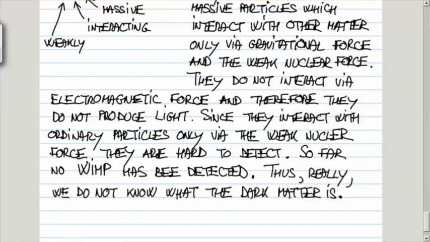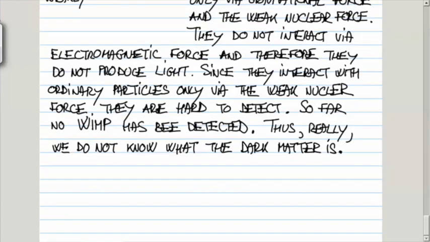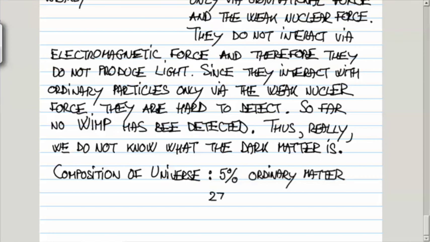Okay? And it turns out that we know very little about the stuff around us. The composition of the universe: only about 5% is ordinary matter, the stuff we and stars are made of. 27% is the dark matter.